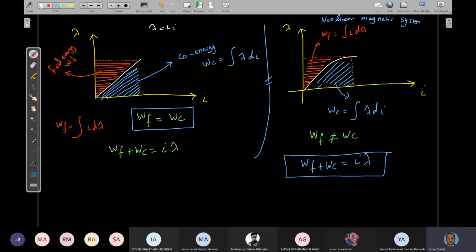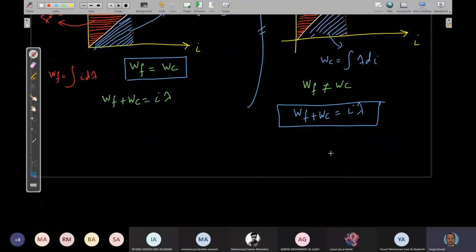If you have, let's assume that this is your box. This area plus this area is equal to the area of this box.